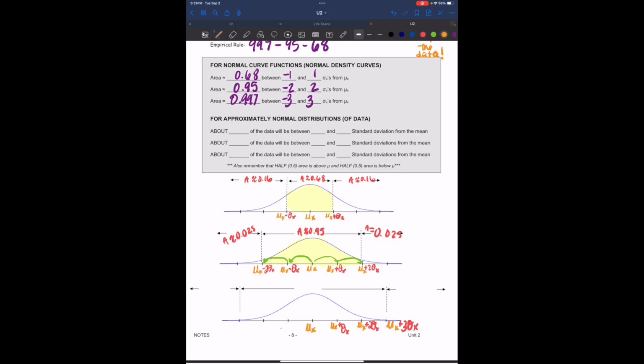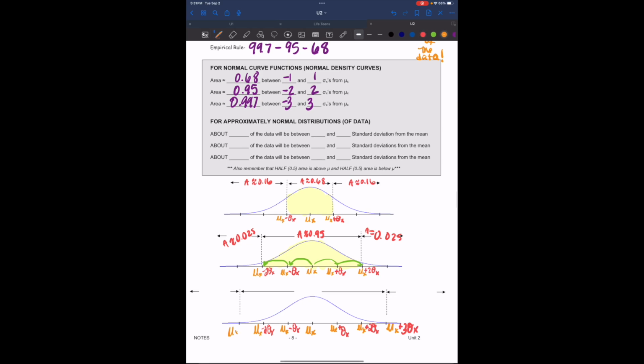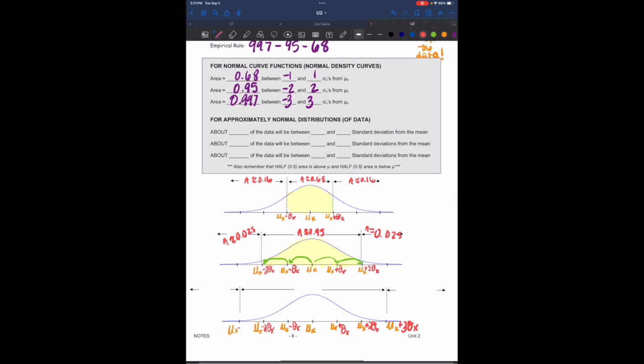I'm having the time of my life. Okay, minus a standard deviation, take the mean minus 2 standard deviations. I am getting OCD with these stupid colors. They're not even good looking, but hopefully you can see what I'm talking about.